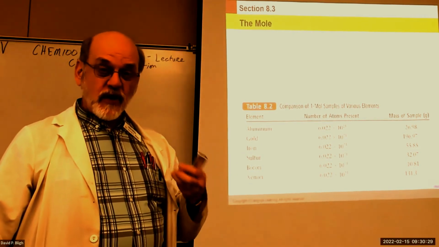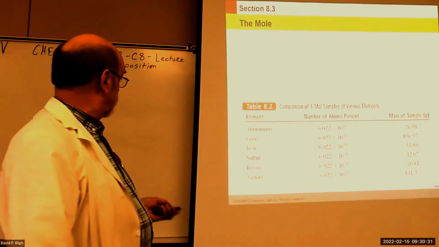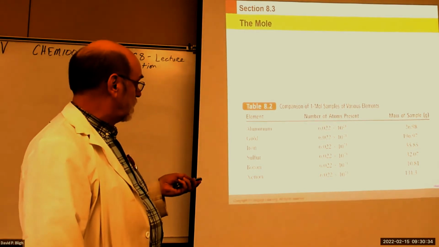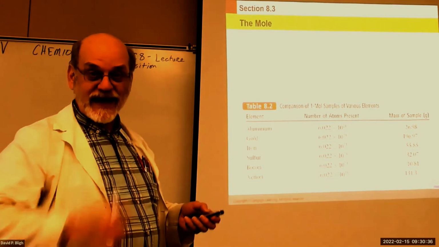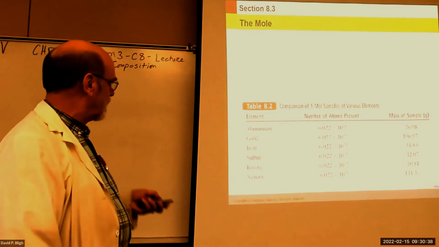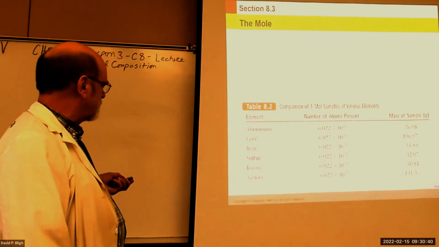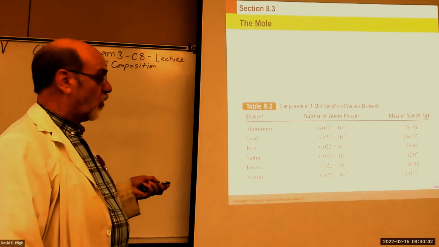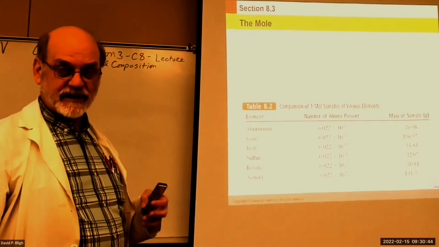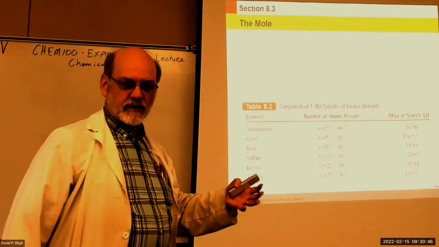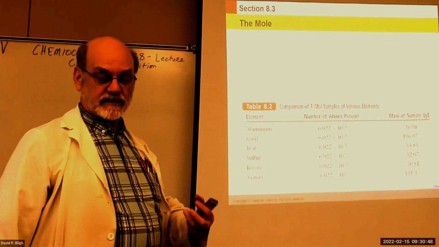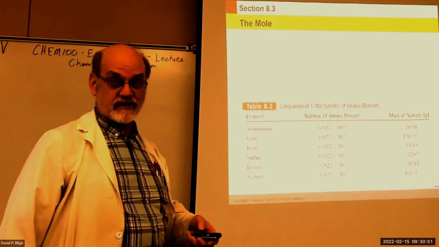But if you have 26.98 grams of aluminum, then you have 1 mole of atoms. Same for all the rest of these examples. Gold, it takes more mass to make the same number of atoms because gold is a heavier atom than aluminum, a lot heavier.